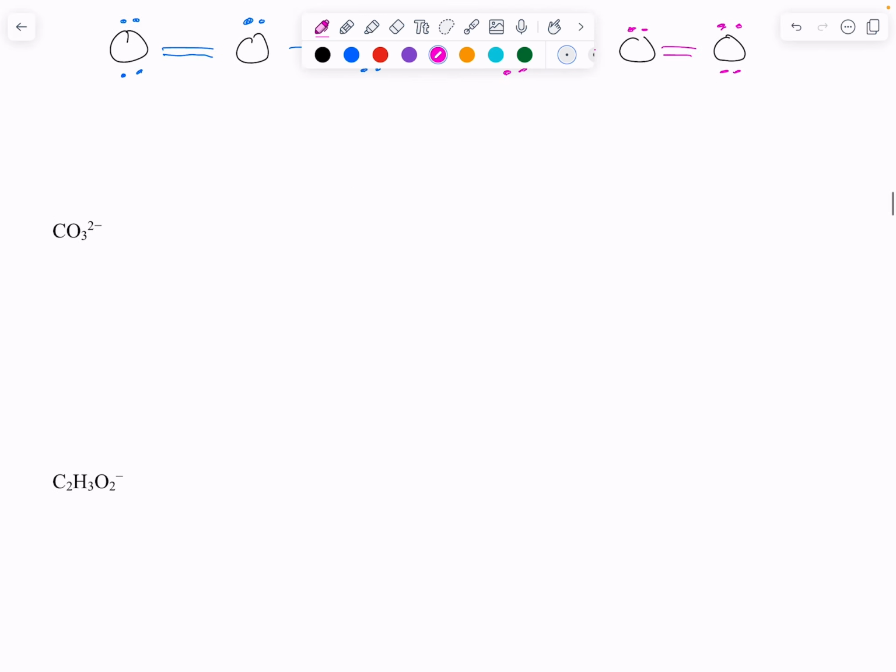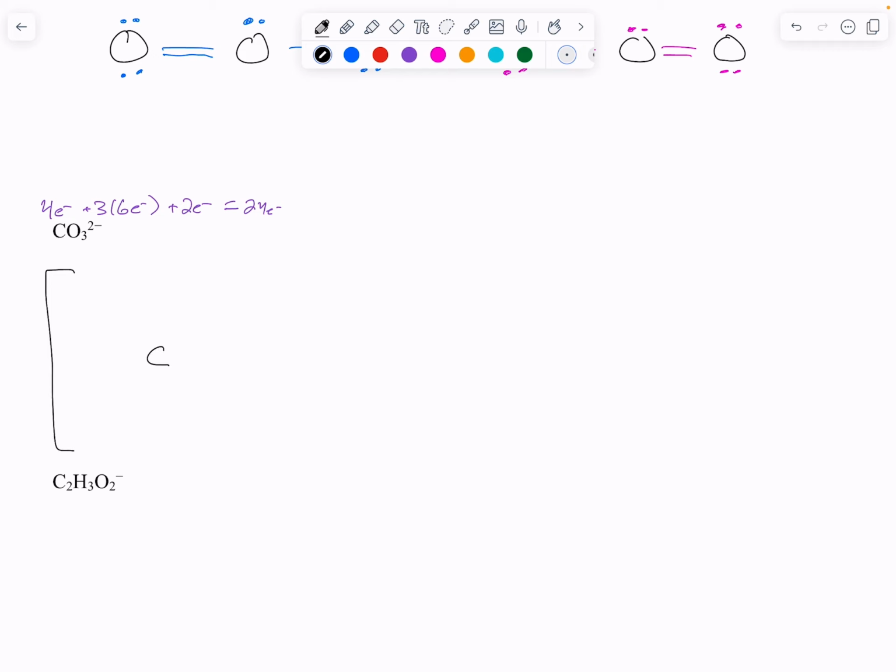A couple more examples. Carbonate. Electrons: 4 plus 3 times 6 plus 2 for the charge. So that would be what? 24 electrons. All right.